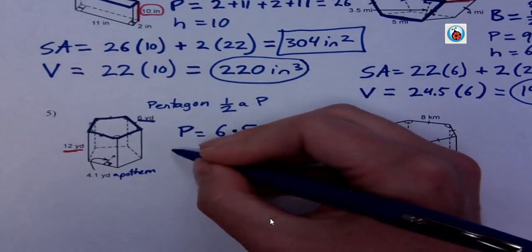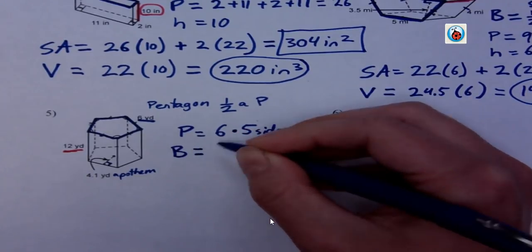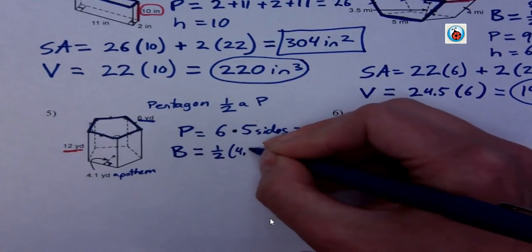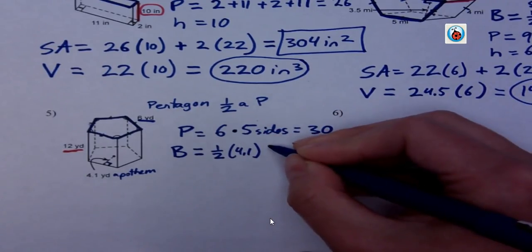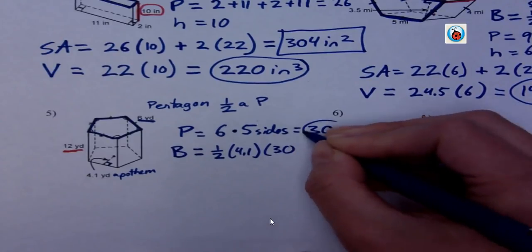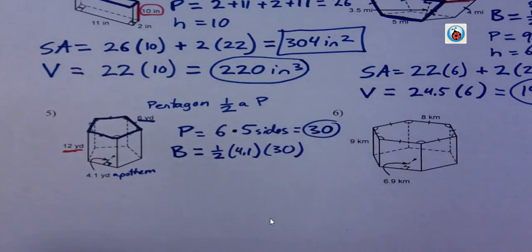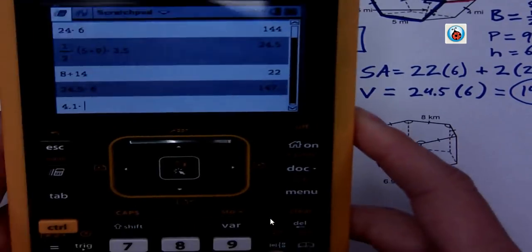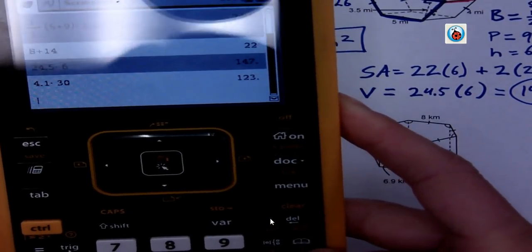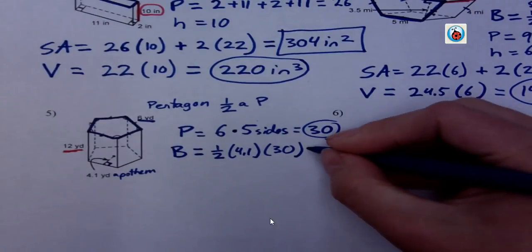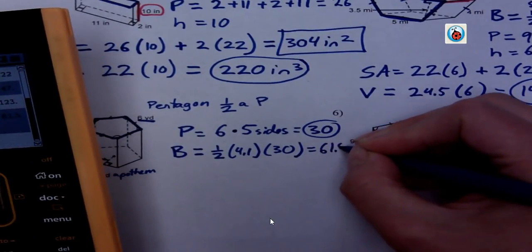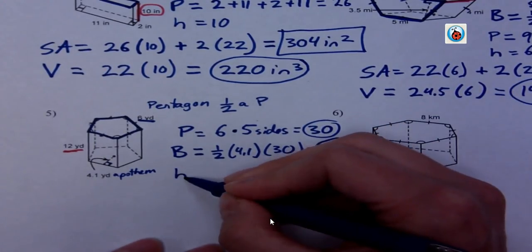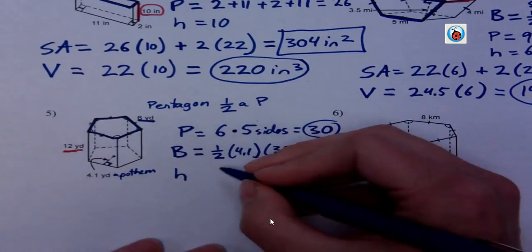So then the area of my base is just 1/2 times the apothem they gave me, which is 4.1, times the 30, which is the perimeter that I already found. And so I plug that in my calculator. 4.1 times 30 divided by 2 is 61.5. And I've already identified my height is the 12 yards that separates them.